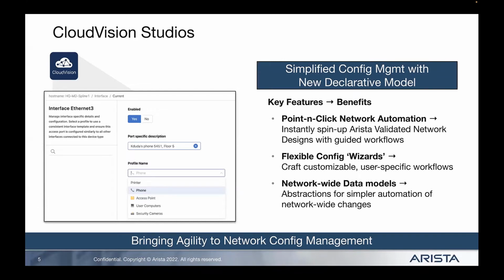We have a number of built-in workflows that you can leverage. These are still flexible. So by saying you can deploy a leaf spine network, the user is not locked into what we think you should deploy. I think extensibility is a key part of all of the products we ship, and it very much goes with Studios as well.